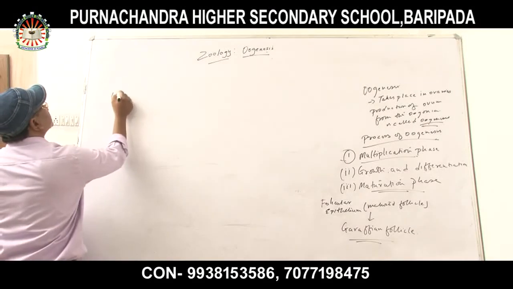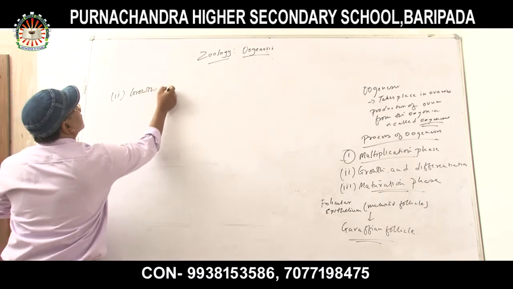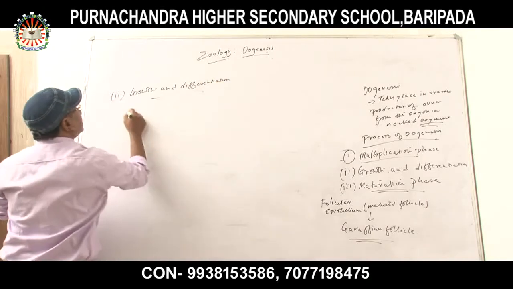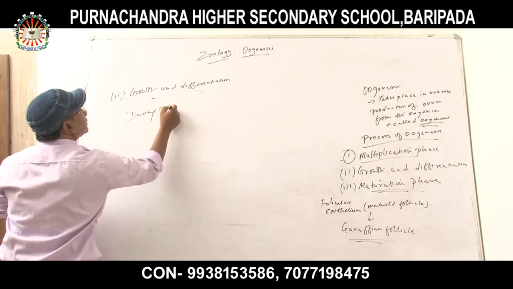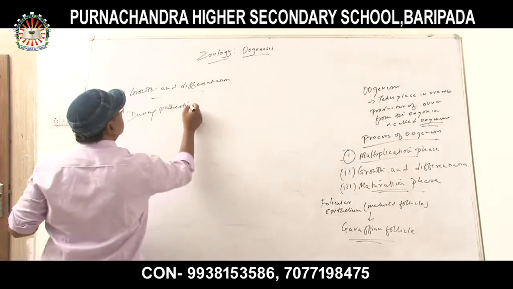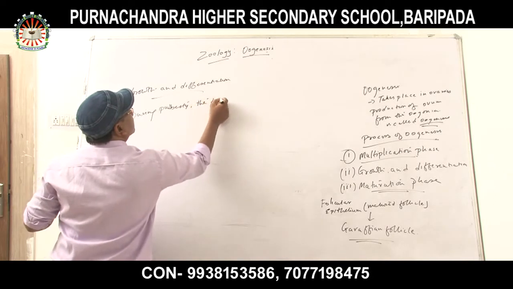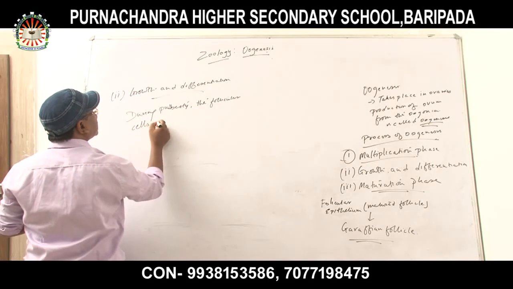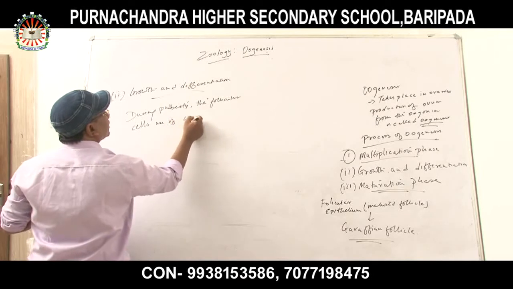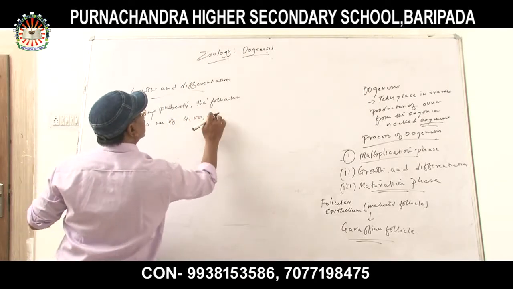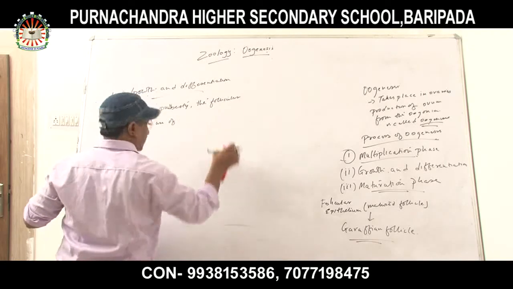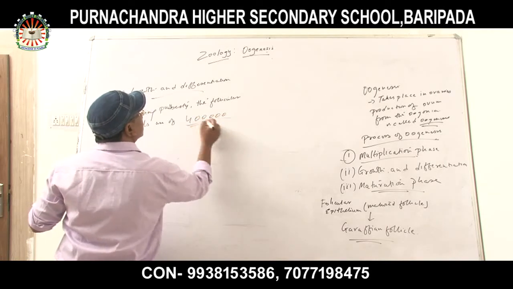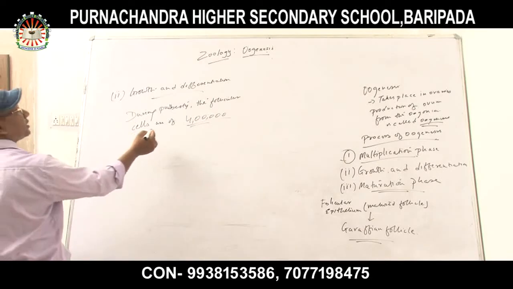Now number 2, growth and differentiation. During puberty, the follicular cells number 4 lakhs.